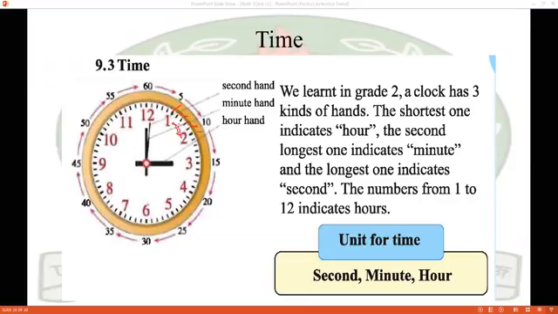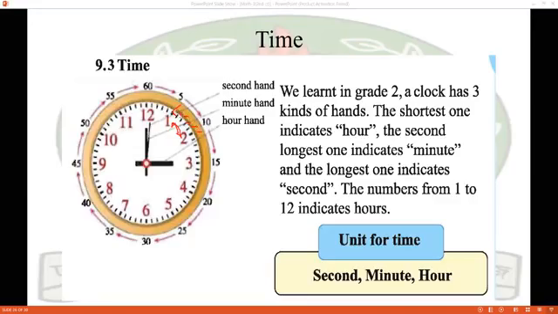There are 12 hours in a clock, and every hour contains 60 minutes. Every small partition contains 5 minutes, so there are 1, 2, 3, 4, 5.